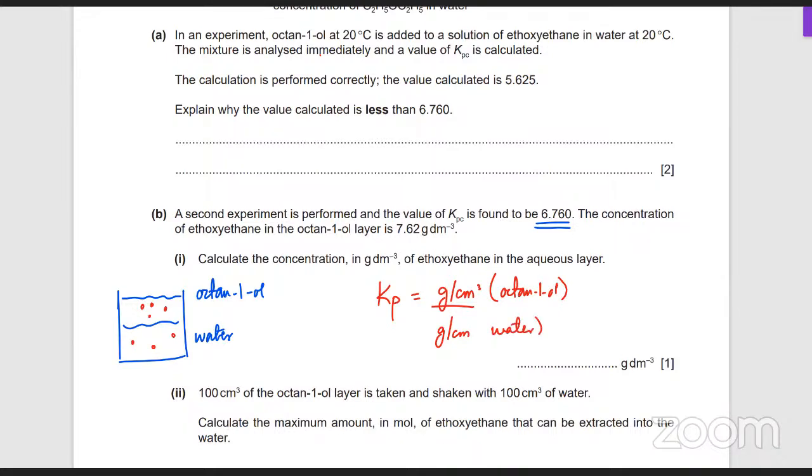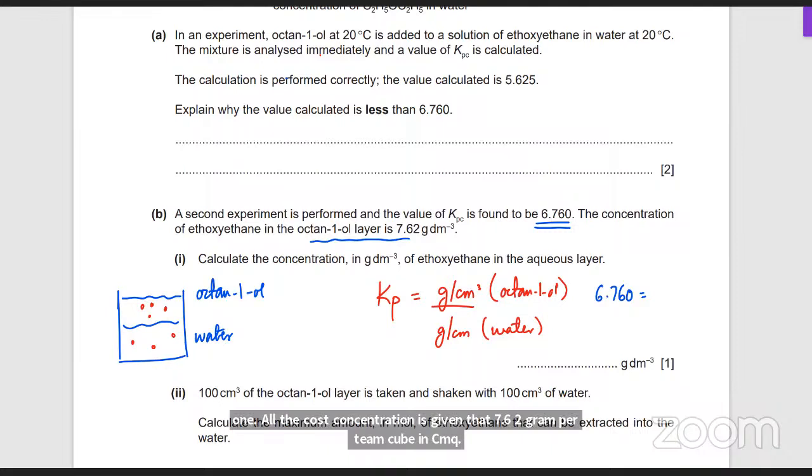तो सब कुछ तो दिया हुआ है. He gave you the KPC value, 6.760, is equal to octane 1-ol की concentration, which is given. That's 7.62 gram per dm cube. In cm cube, what would that be?